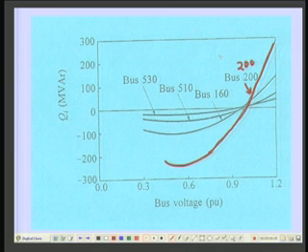Now, if you examine this QV curve, on this side we have put the injected reactive power and on this side we are putting the bus voltage in per unit. You can see that as the bus voltage increases, initially the injected reactive power decreases. It comes to a point where we reach a minimum point.